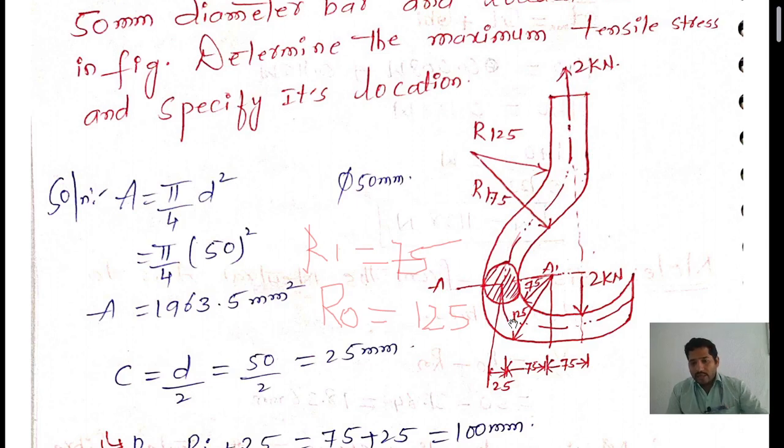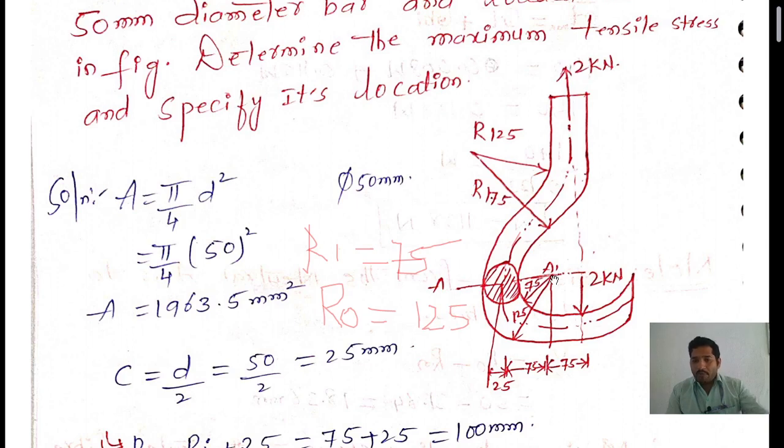The diameter of this circle is 50, so the radius is half, 25 mm. This is our origin point.